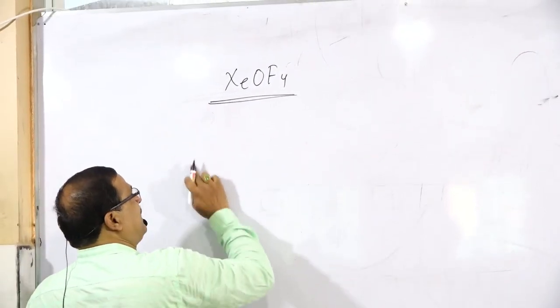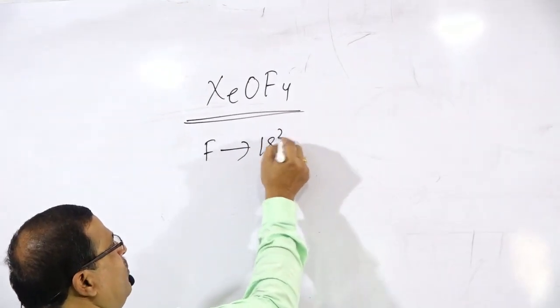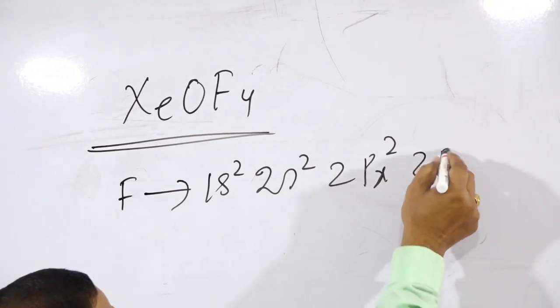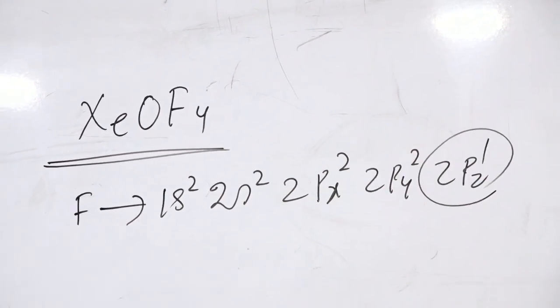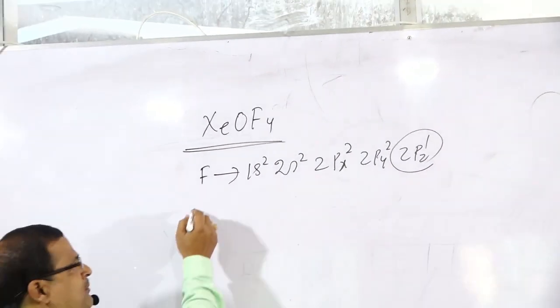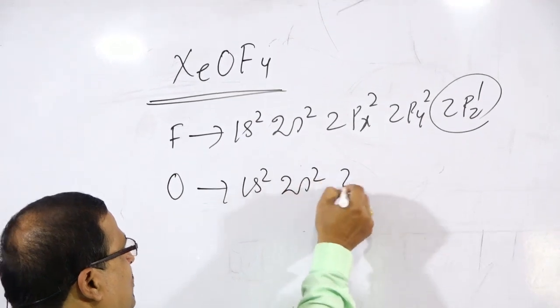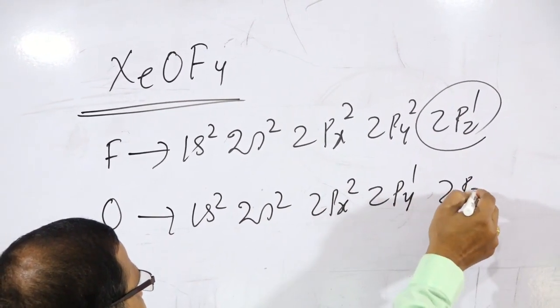That can be explained on the basis of electronic configuration: 1s2, 2s2, 2px2, 2py2, 2pz1, it will form the bond. But in the case of oxygen, 1s2, 2s2, 2px2, 2py1, 2pz1.